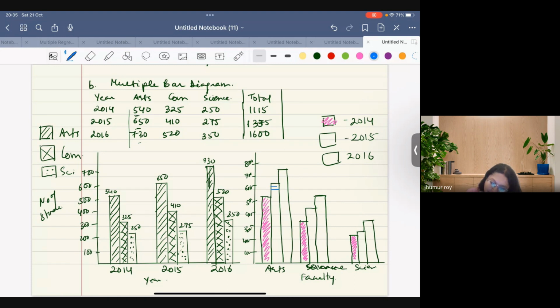So the second one I have drawn is for the year 2015. And the third one that I am drawing is for the year 2016.